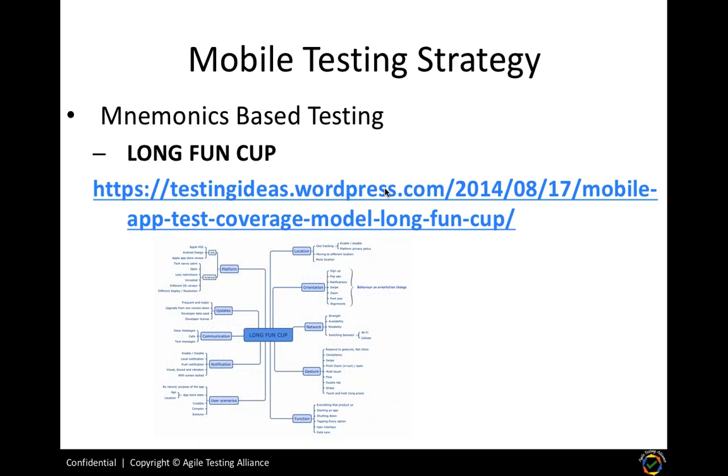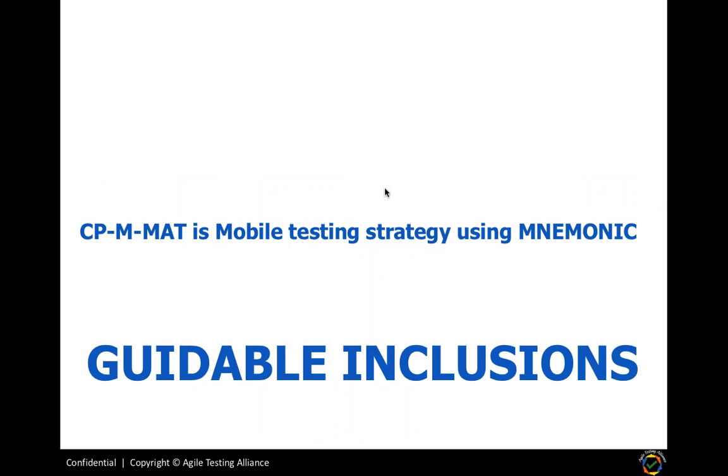However, there are certain more elements which can be covered, and those were picked up as a part of GUIDABLE INCLUSIONS. Now, GUIDABLE INCLUSIONS is a part of the mobile testing strategy, which is a part of the CPMMAT course of Agile Testing Alliance.